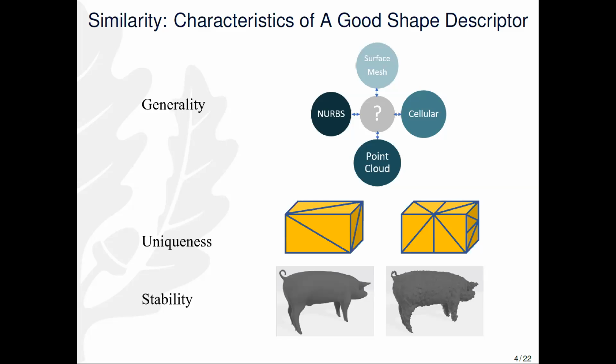Equivalence check is especially critical when we're dealing with models in different representations. And the third one is stability. Such a shape descriptor should be stable against small boundary perturbations, so we can build a continuous similarity measurement based on it.